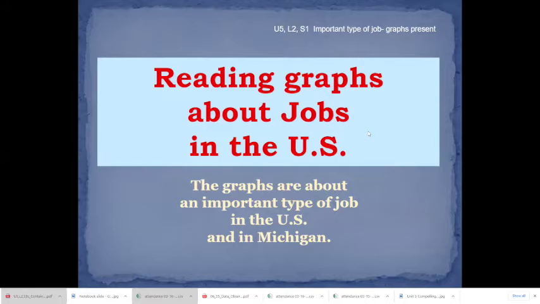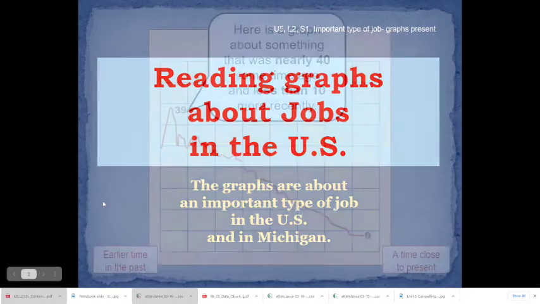All of our graphs are not going to look the same, but we also give hints as to how to read them a little easier for some students. And we make a lot of them visual. That helps our special ed students and our ESL students. They learn visually better than just listening to a teacher talk, along with being involved in it. We're going to look at graphs about jobs in the US and kind of focus on Michigan.